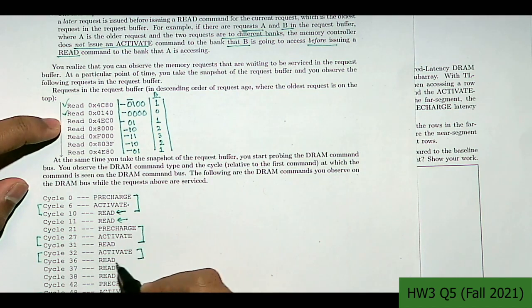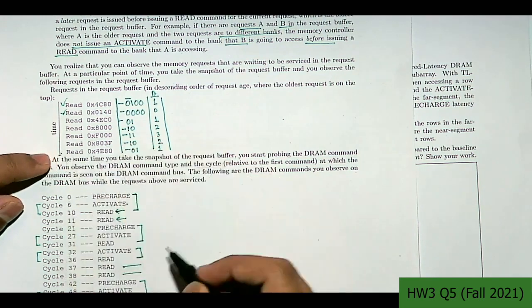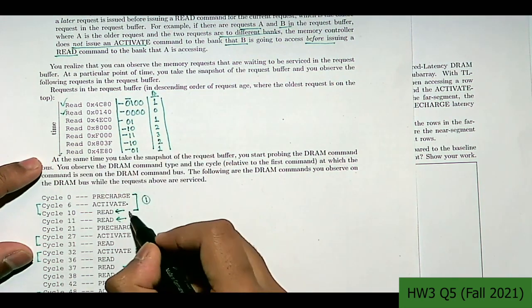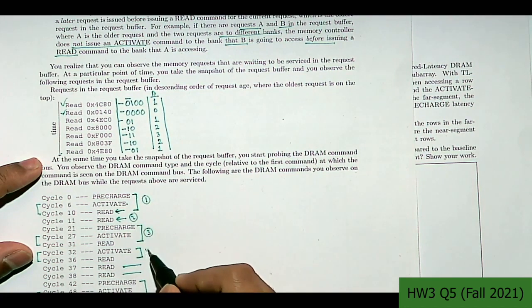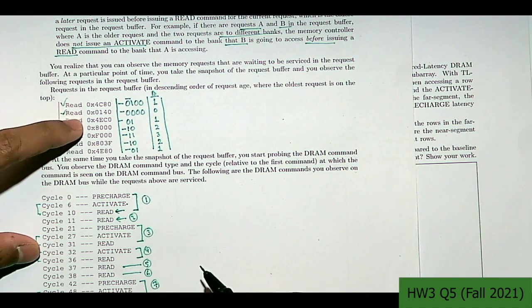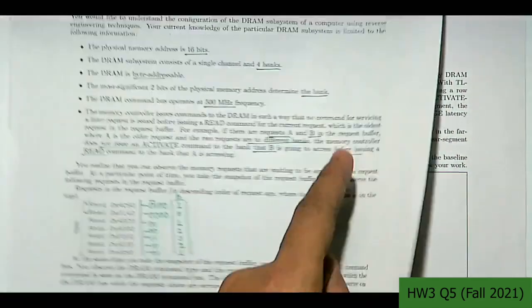These 2 are for this read. This read goes independently, this read goes independently, and then these 3 are for the last access. So this is access number 1, this is access number 2, 3, this is 4, 5, 6, and 7. Do we have 7? Yes, we have 7.